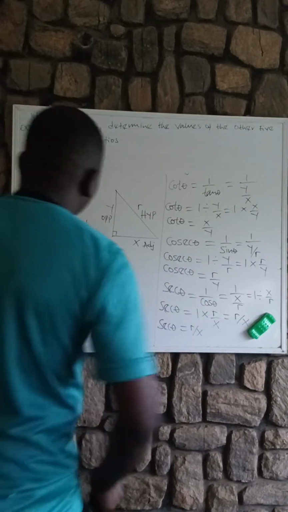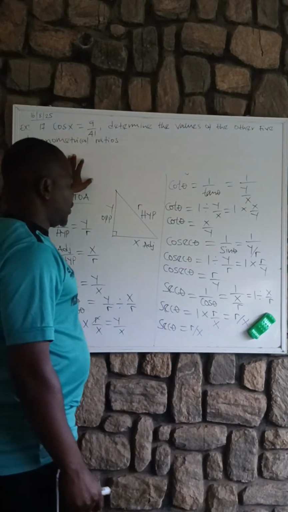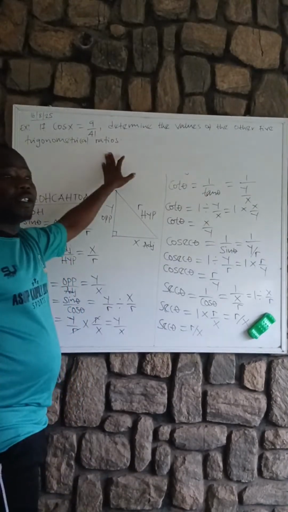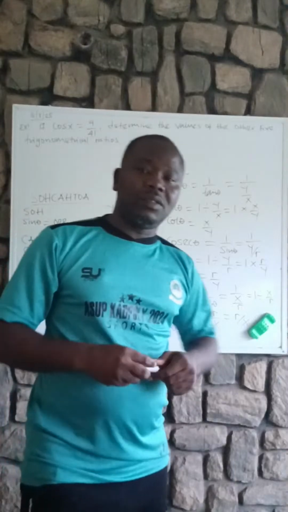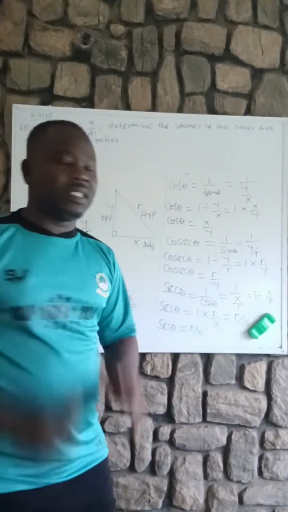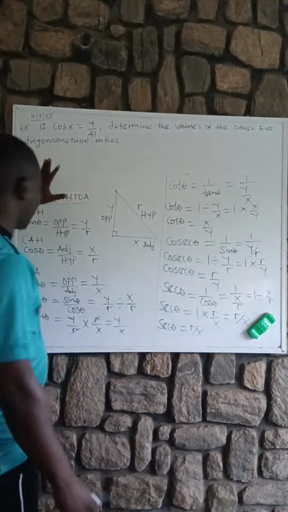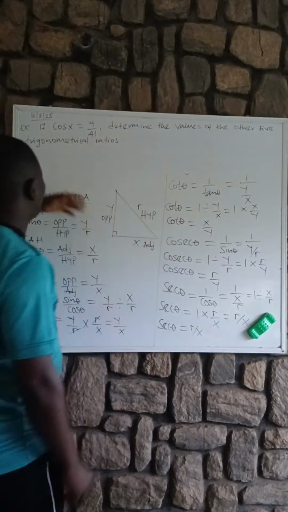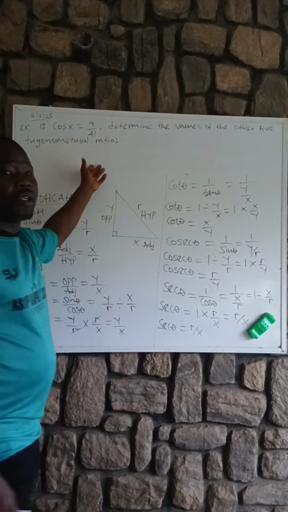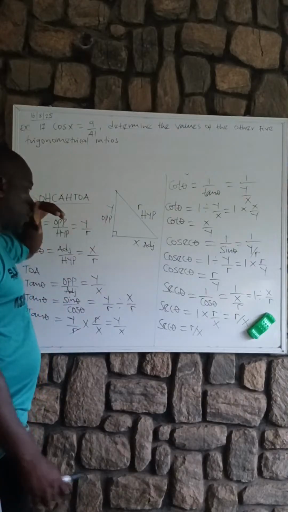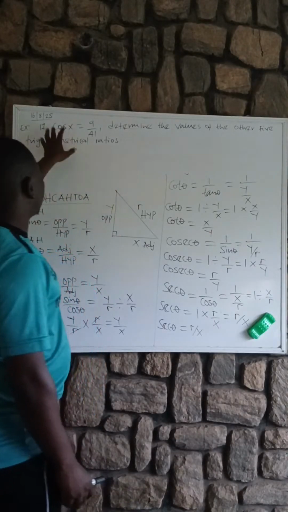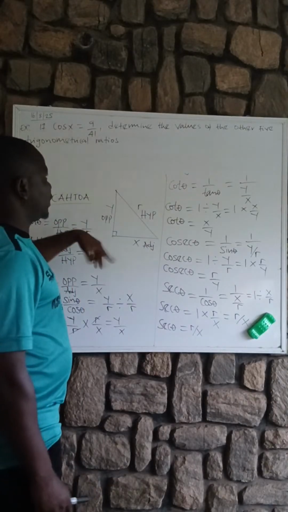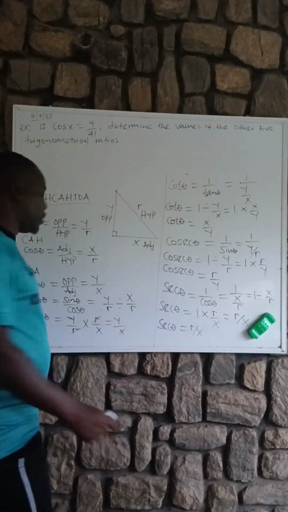So this particular question, we can use so many methods to evaluate. It's simple as ABC. Either you approach it this way or you use Pythagorean theorem. They said if cos is given as this, find the other 5 trigonometrical ratios.